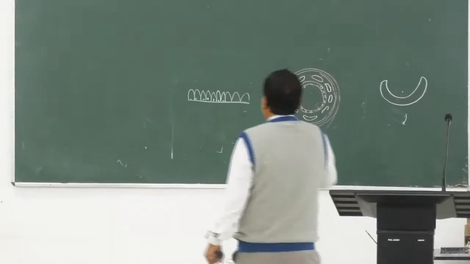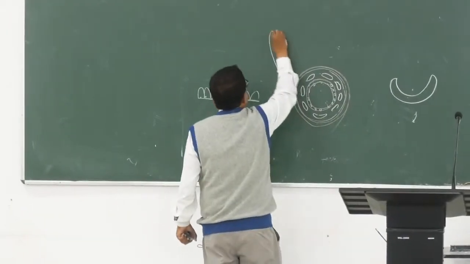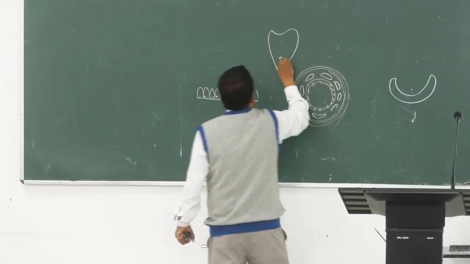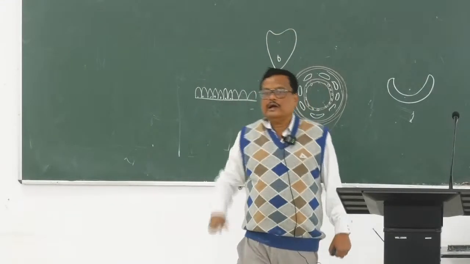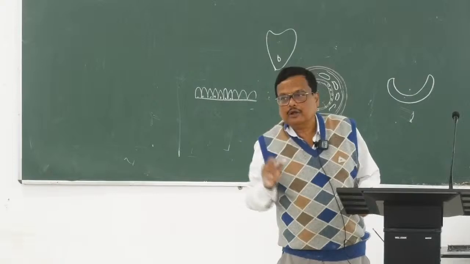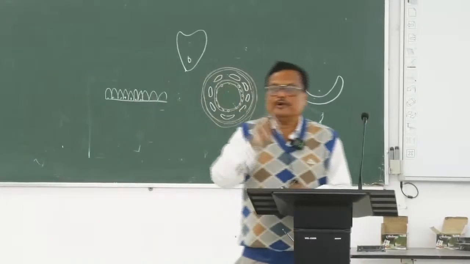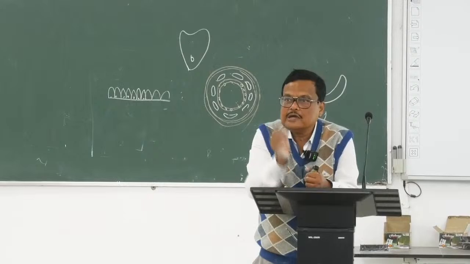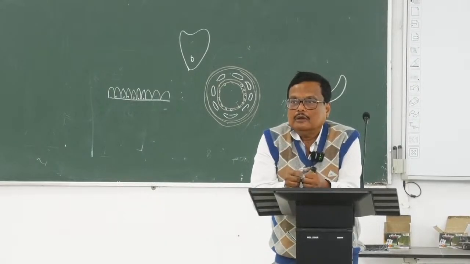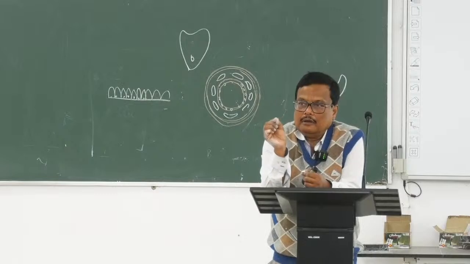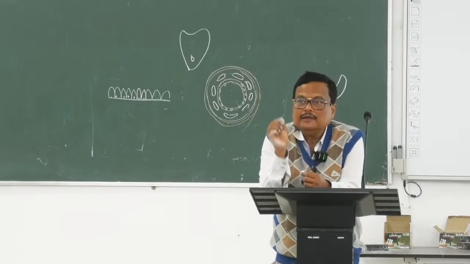It looks like a drinking cup of the Romans, তাদেরকে গবলেট বলা হতো, এই গবলেট সেল। These goblet cells, খুব ভালো করে শোনো for MCQ, it is an example of a single cell gland.